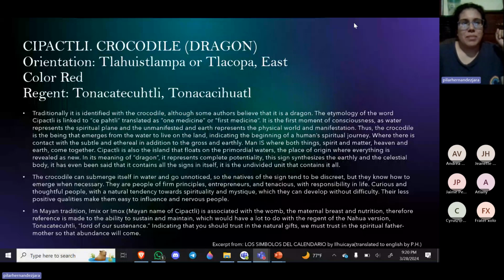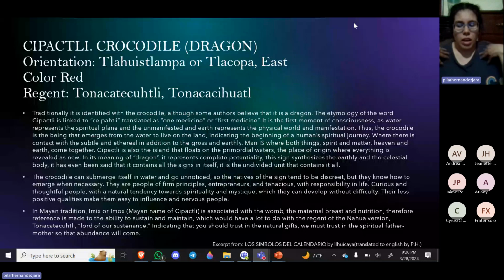So, basically, what I get from this, from my understanding of what Zipaktli is, it's like that first step into consciousness from being a human. We are both material and immaterial.